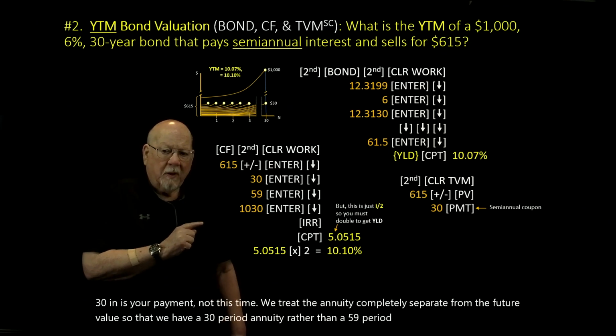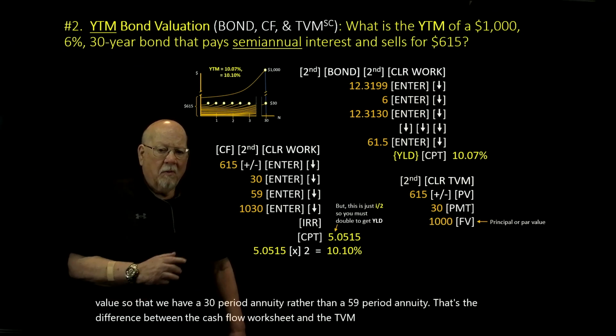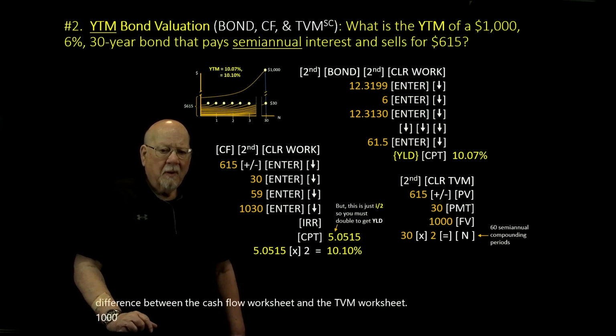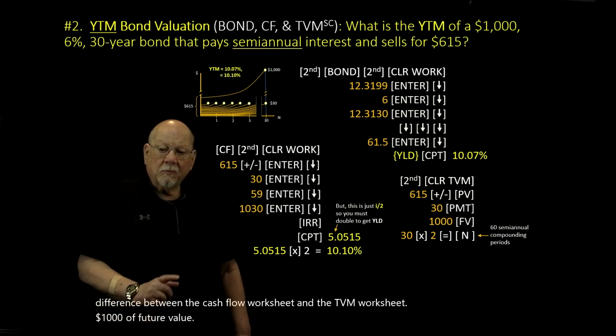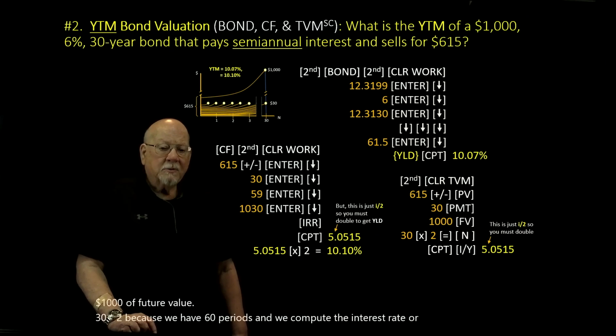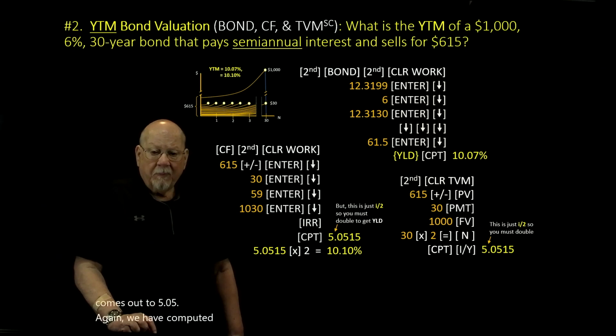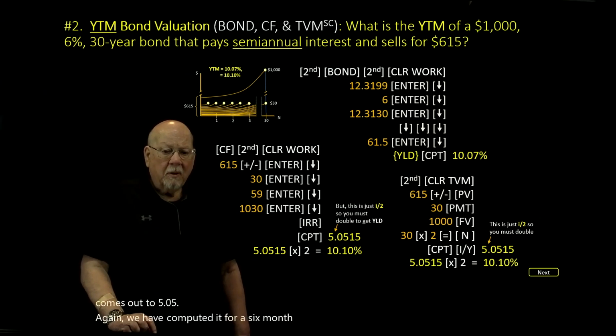That's the difference between the cash flow worksheet and the TVM worksheet. $1,000 future value, 30 times 2, because we have 60 periods, and we compute the interest rate, or the yield, and it comes out to 5.05. Well, again, we have computed it for a 6-month period. So we just double it, and we get 10.10%.